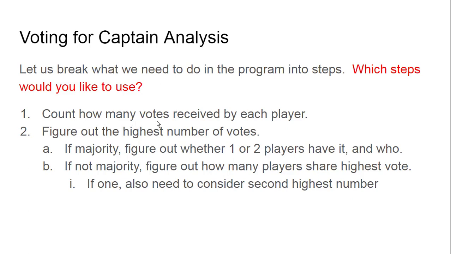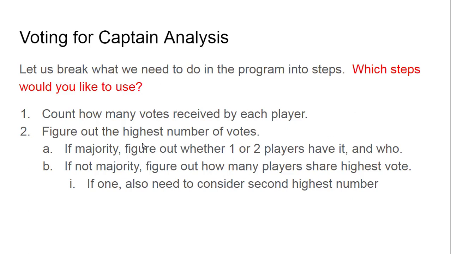The first step, I think, should be natural: we first need to count the votes, right? We have to count how many votes each player received. After doing that, there are actually different ways to proceed, but what I want to do is to figure out the highest number of votes received by any player, because that is a major factor in determining which case we are in.